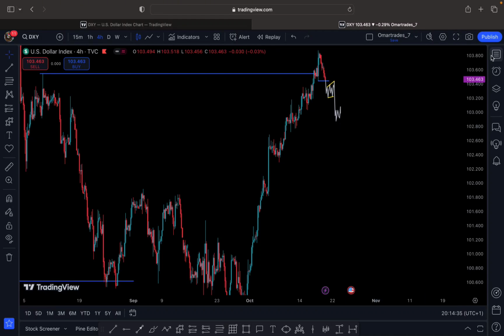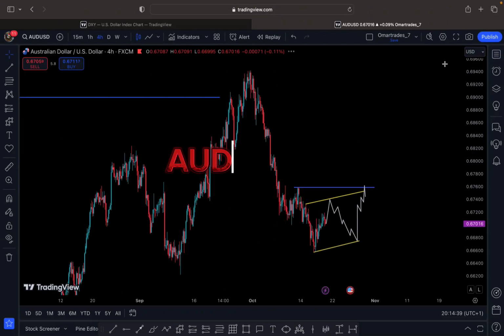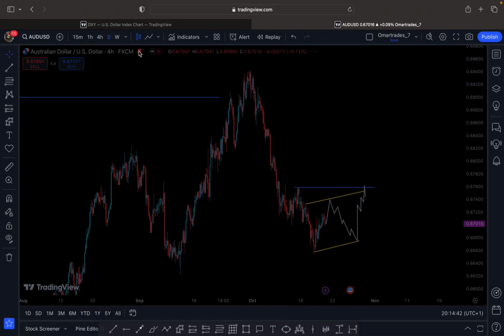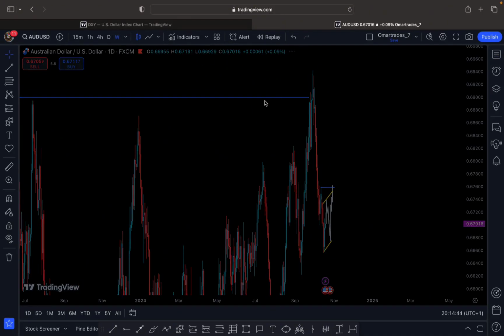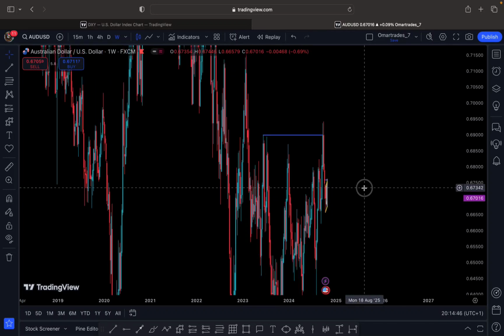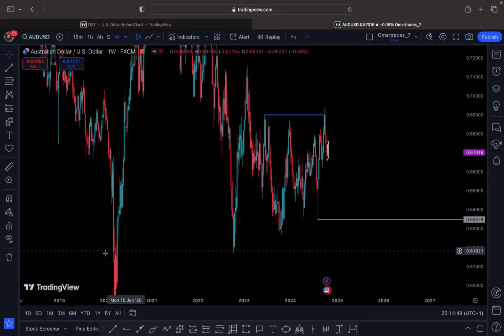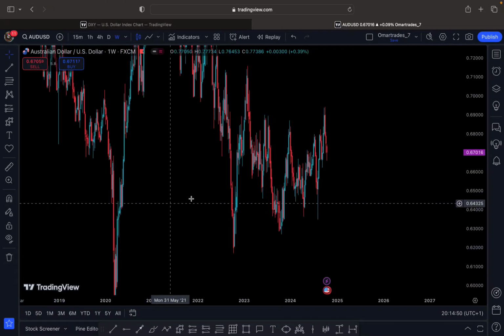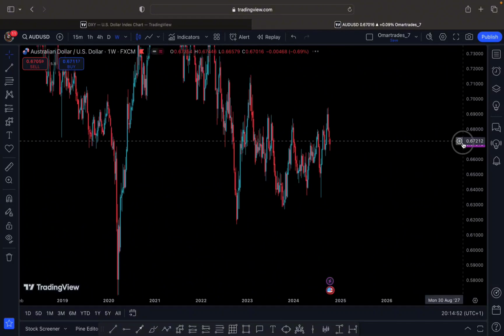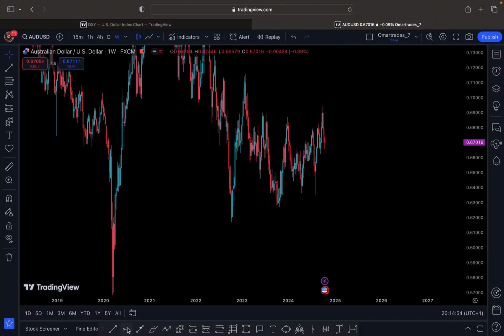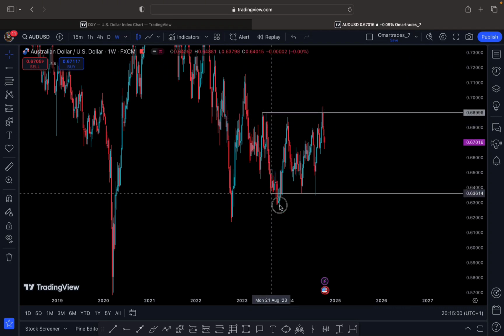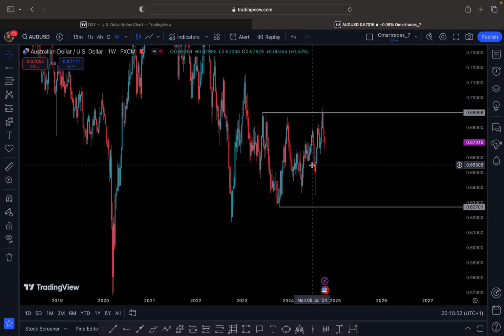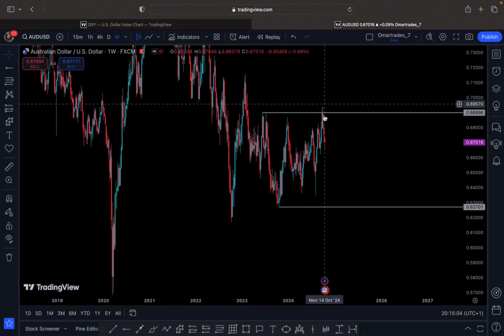So now with this AUD USD right here, if we go to the weekly, as you can see, this is a range play as well. This is a range play where we look to play this range right here and this one right here, because look, when it comes, it takes out this.